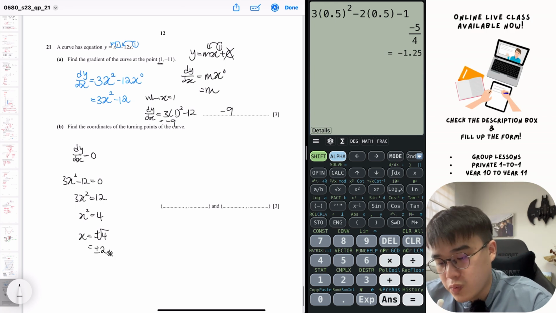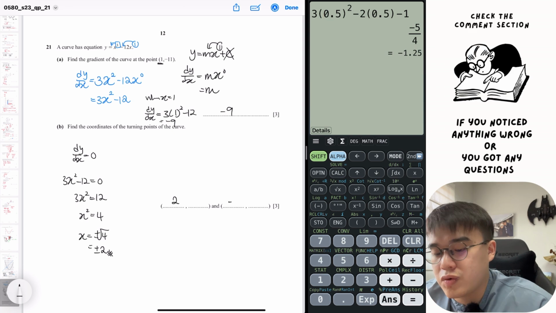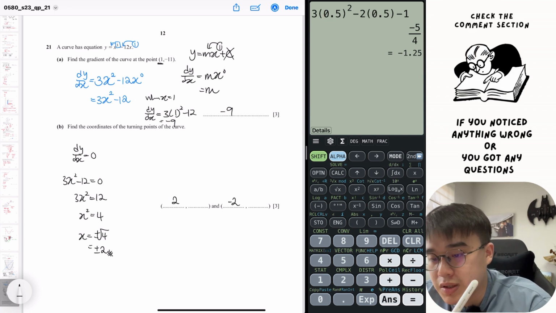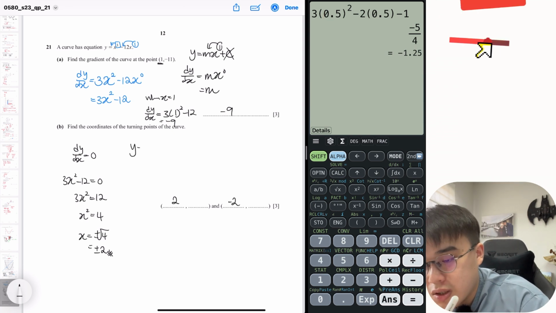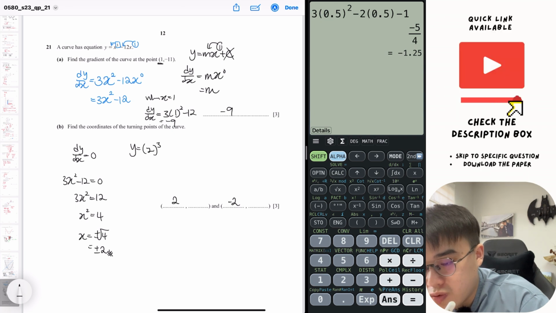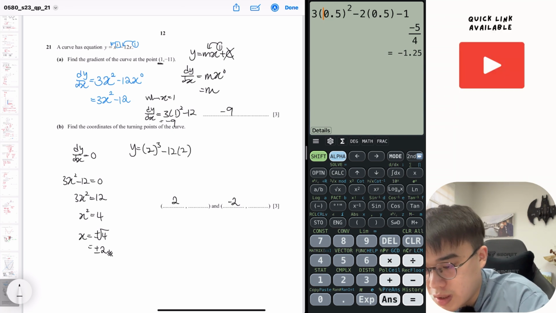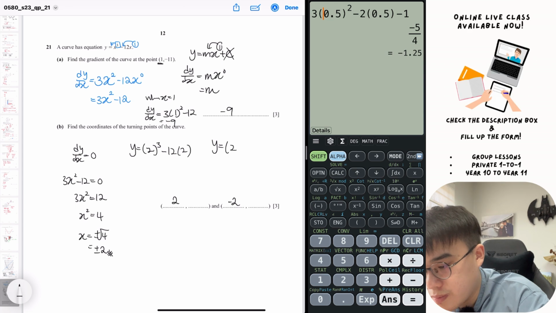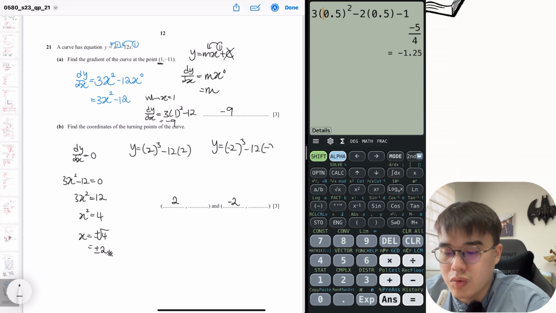One is 2, one is negative 2, and when you substitute them into your calculation, one is 2 cubed minus 12 times 2, and the other is negative 2 cubed minus 12 times negative 2.